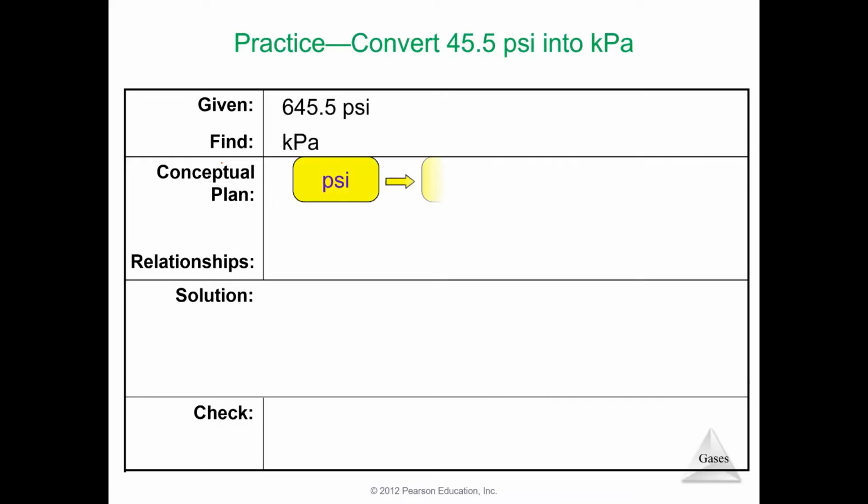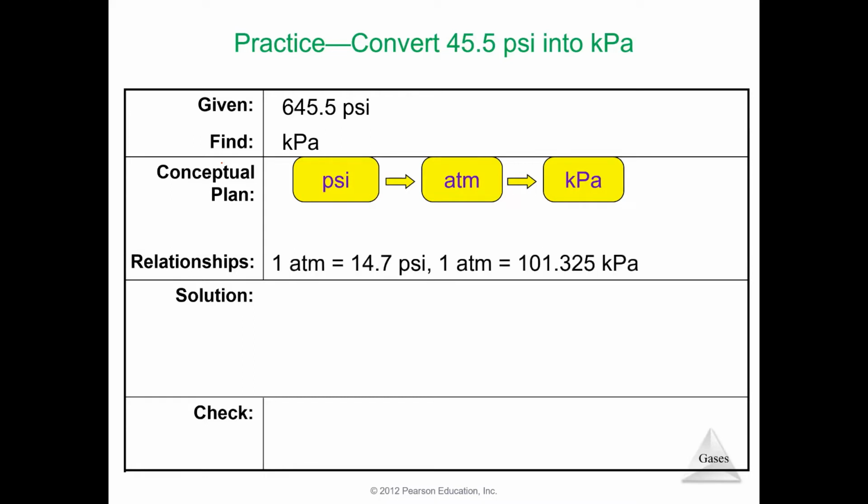Another one. Now here we go from psi to kilopascal. Again, you need to convert first to atmosphere and then from atmosphere to kilopascal. You have to look at the relating statement, and a relating statement means you have to have the conversion factor.